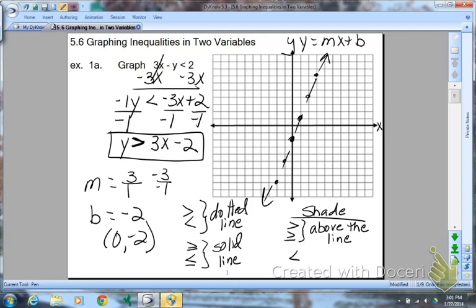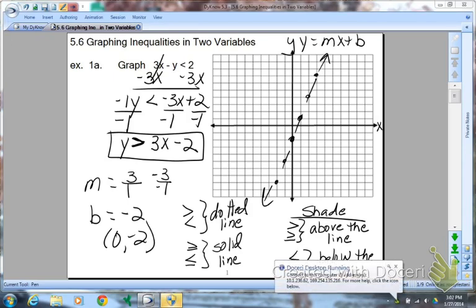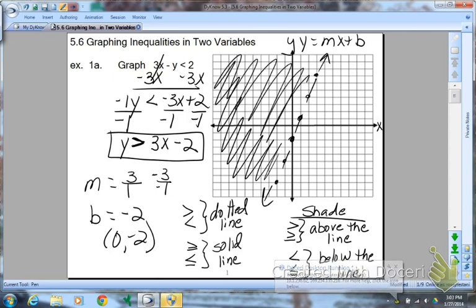If it's a less than or a less than or equal to, we will shade below the line. So in this problem, it's a greater than symbol, and so we would shade above the line. And this side is above. So lightly with your pencil, you can just shade like that.